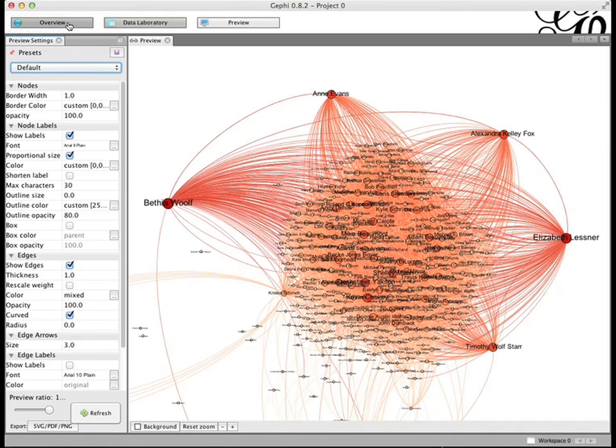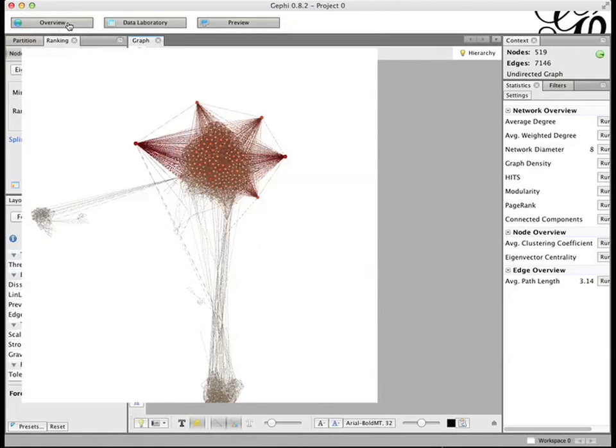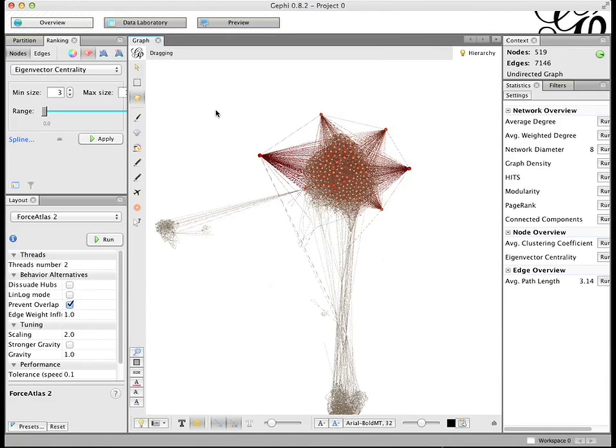So if you want to see how much eigenvector centrality corresponds to degree centrality, for example, we can use the size dimension to capture degree centrality and the color dimension to capture eigenvector centrality. And we can see that there's a pretty high correlation between the two.